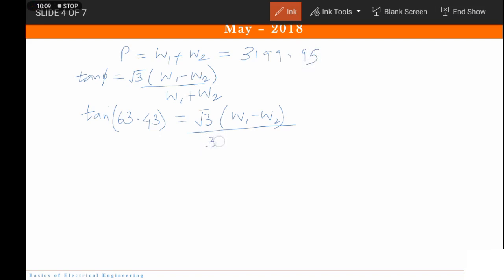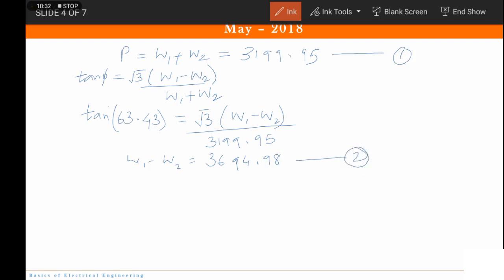So we will put this value 3199.95. Okay, so with this we get W1 minus W2 to be 3694.98. Now let this be equation number 1 and let this be equation number 2.